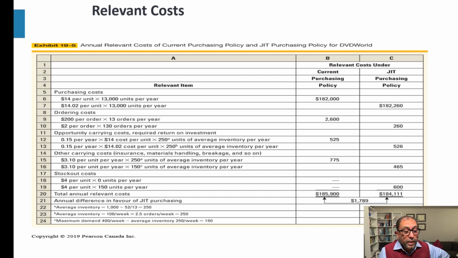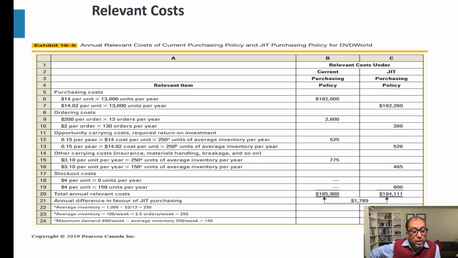Opportunity carrying cost, required return on investment: 0.15 per year into $14 cost per unit into 250 units, because of the average inventory per year. So we see this much is the opportunity carrying cost, the required return on investment.